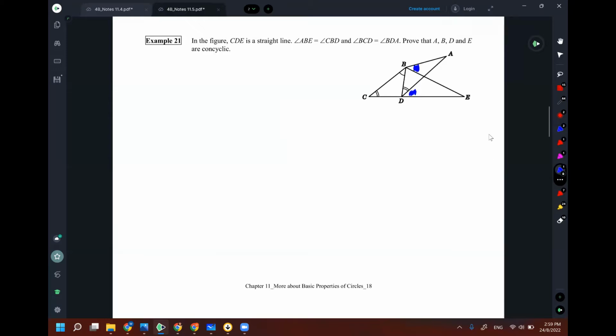Okay, and it's actually not that bad. So first, in triangle CDE, that's this triangle, I have angle BDE equal angle BCD plus angle CBD.